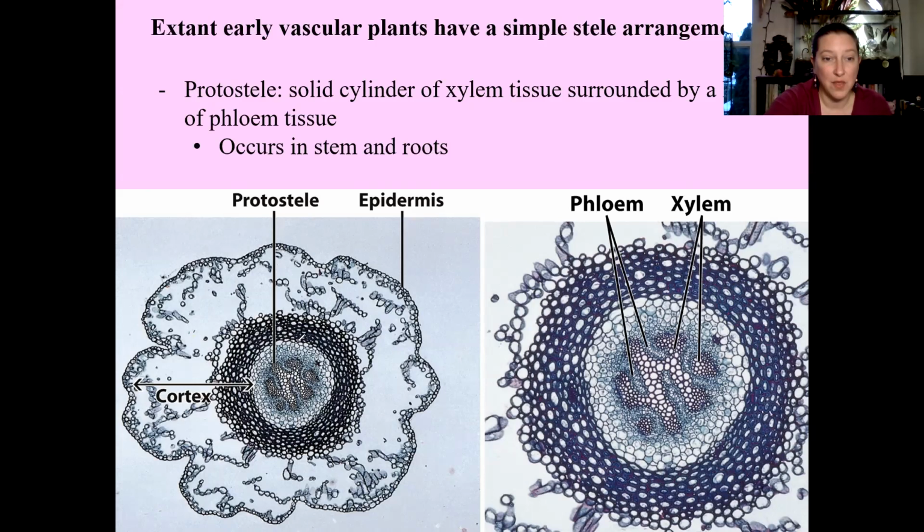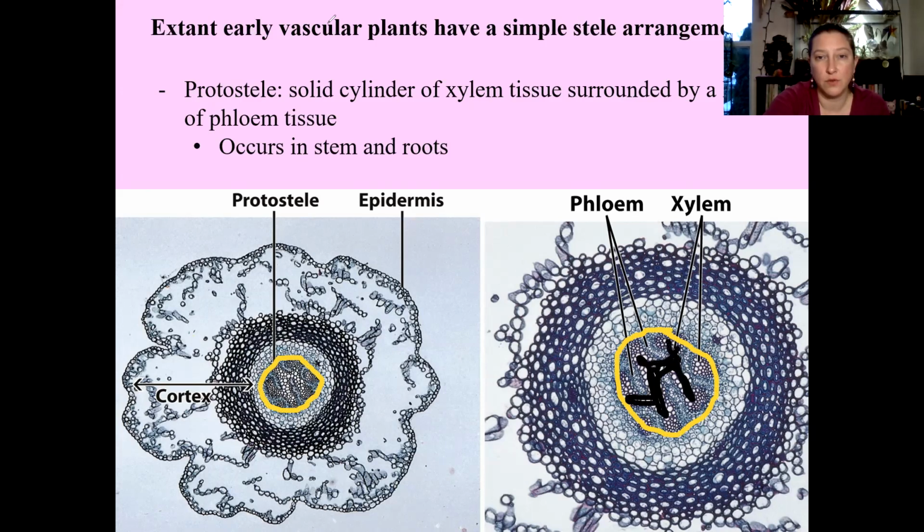So this whole thing here is the protostele. And inside that protostele, you'll have, here I'll use black for xylem, xylem tissue, which is the larger celled tissue, kind of like that.